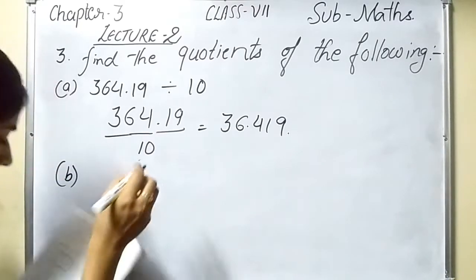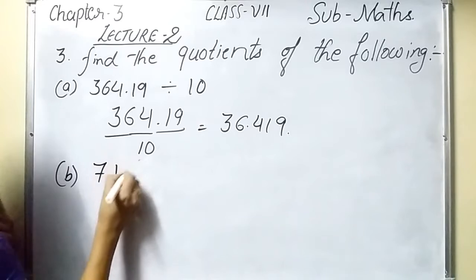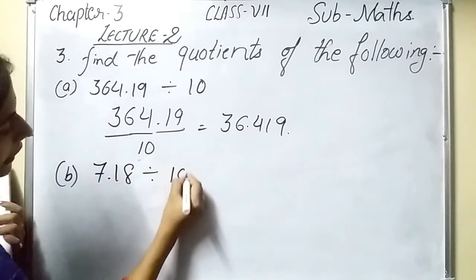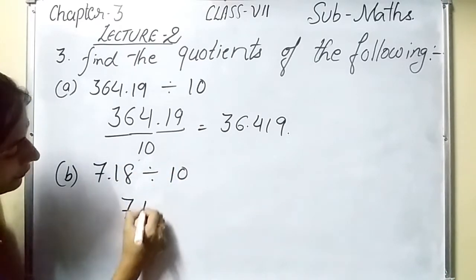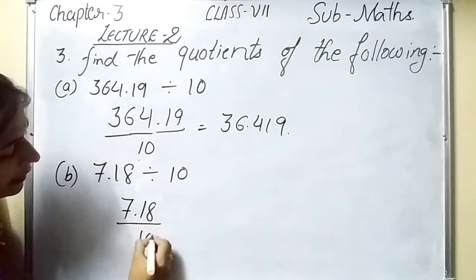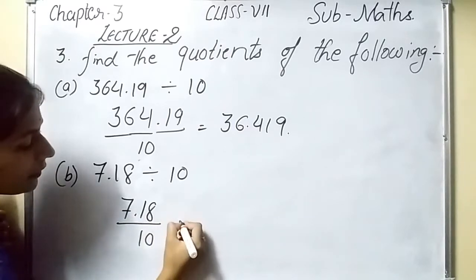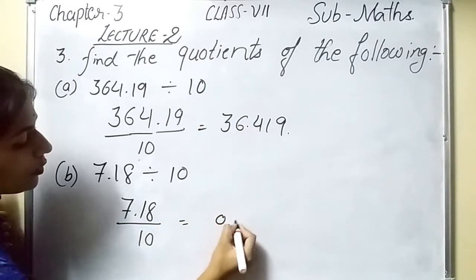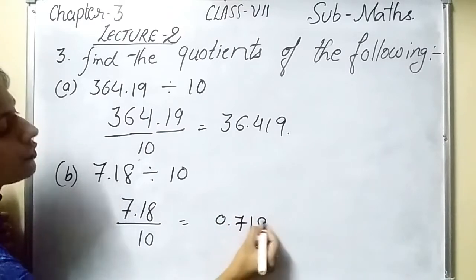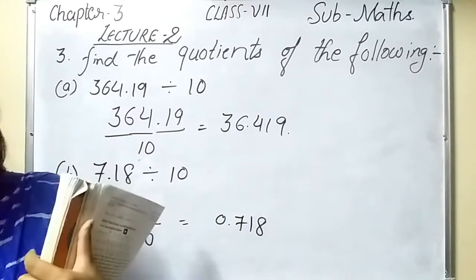Question number B: 7.18 divided by 10. The point will move one place, therefore 0.718 is your answer.